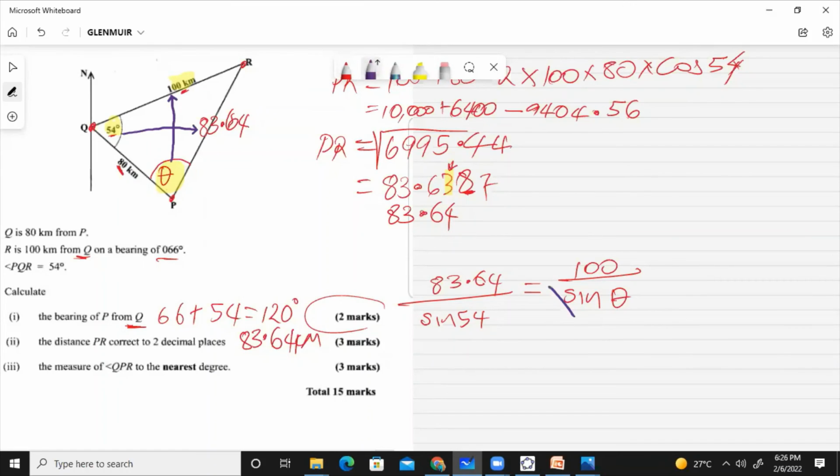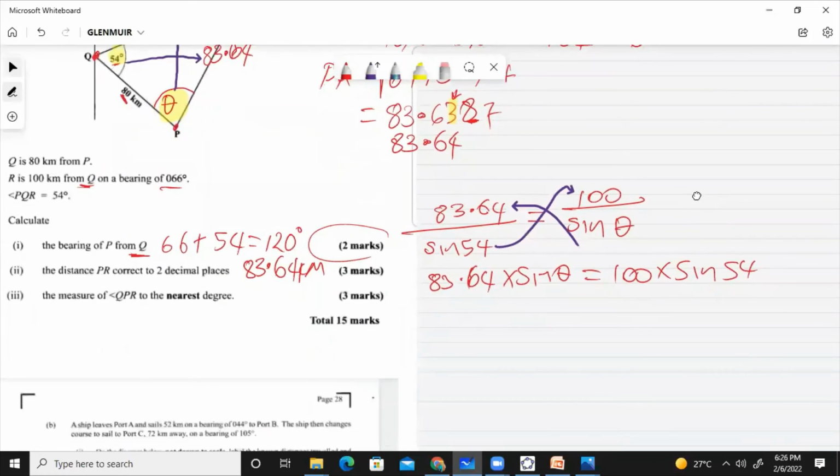Again, you could cross multiply with these whenever you see them. It's okay. No stress. So we're saying then that 83.64 times the sine of the angle is equal to 100 times the sine of 54. All right, we're almost there.